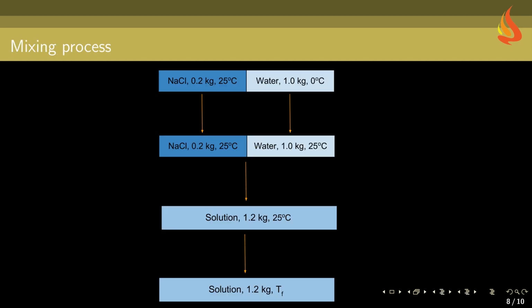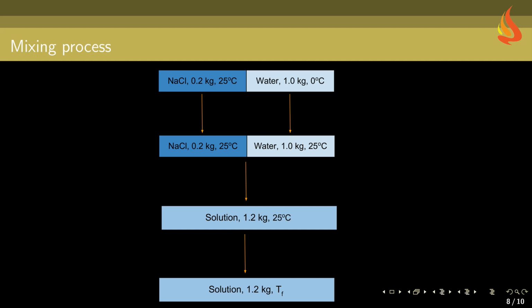Enthalpies are state properties, and enthalpy differences are independent of the process path. This figure shows a process path that will take advantage of the properties we have available. This virtual process starts with sodium chloride at 25 degrees Celsius, which is the room temperature, and water at 0 degrees.